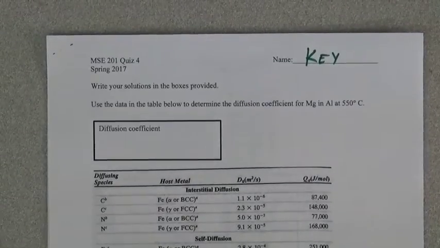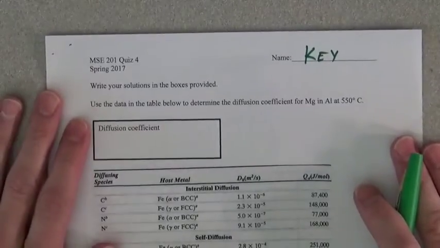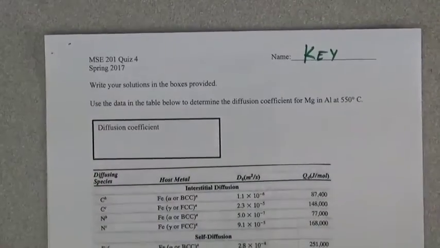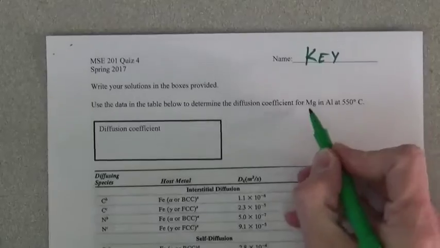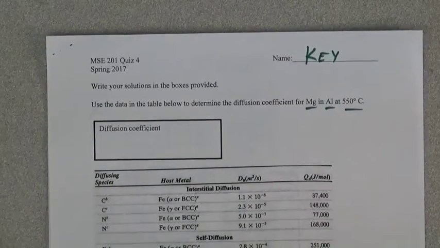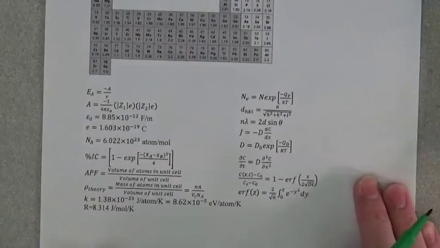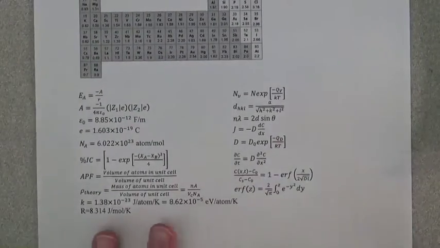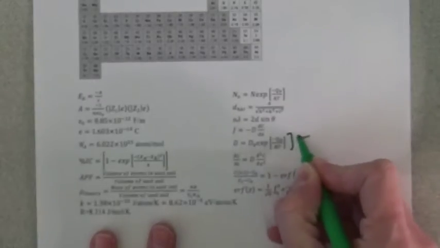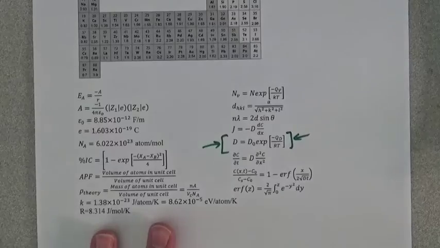Let's look at this. Basically, I'm asking you to use the table below to determine the diffusion coefficient for magnesium and aluminum at a given temperature. So this is something that you should automatically be able to tell, that we are going to be using the Arrhenius relationship for the diffusion coefficient.